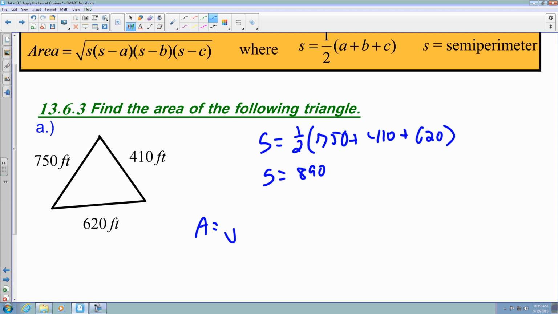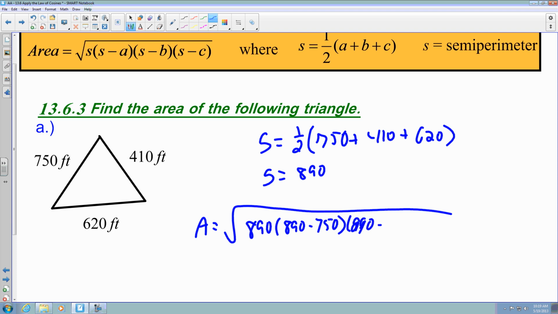So I get area equals S, which is 890, multiplied by 890 minus, let's say, A is 750, multiplied by 890 minus 410, multiplied by 890 minus 620.